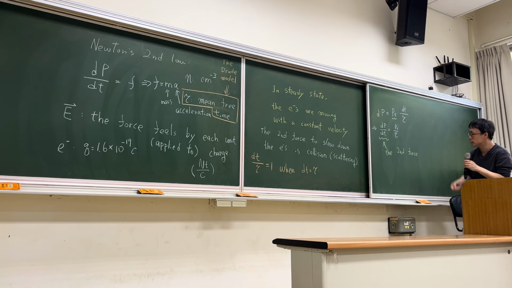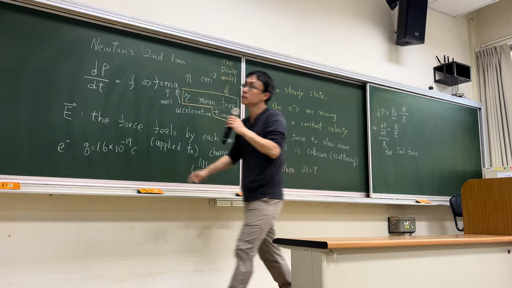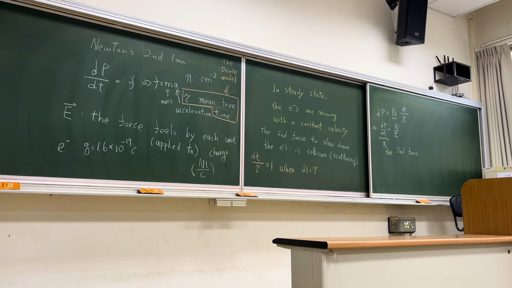So in steady state, as I put here, see, in steady state, the two forces got to be equal to each other, right? The first force is due to electrical fields. The second force is due to collision. So the first force is described by the electrical fields. The second force is described by the tau, right?